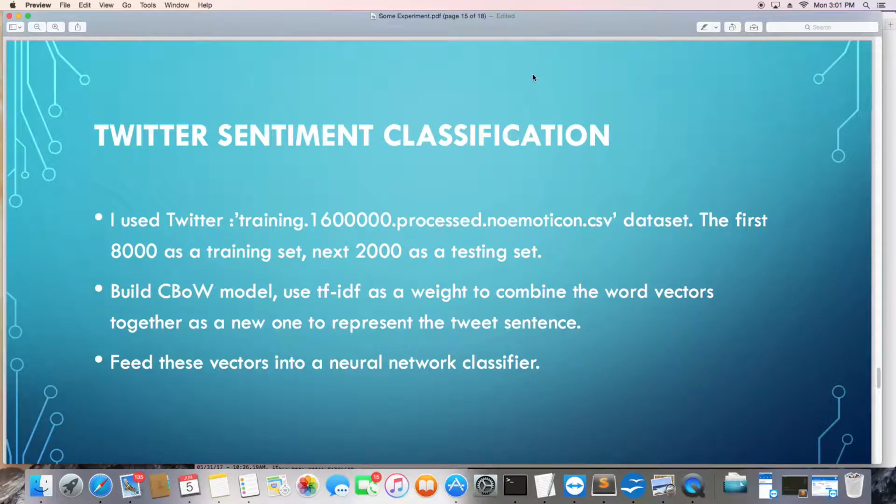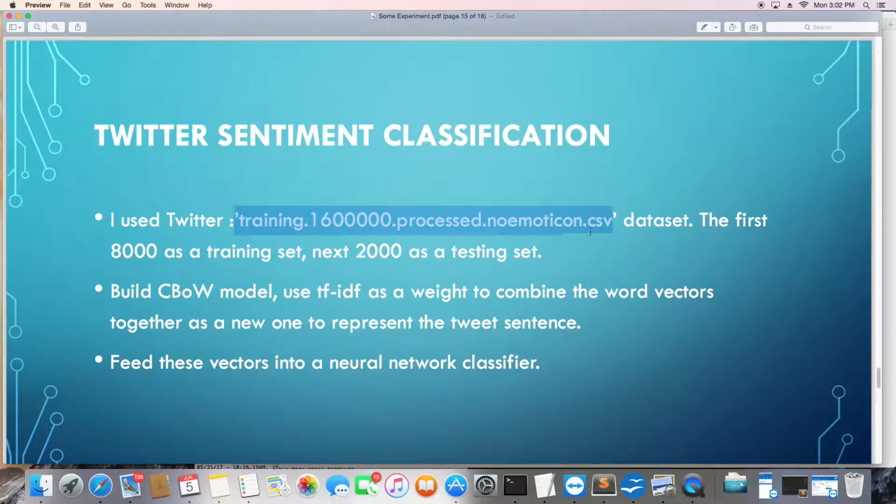The last experiment is Twitter sentiment classification. Here I use a Twitter dataset. For more information, you can find it in my write-up, and you can download it free from the internet.